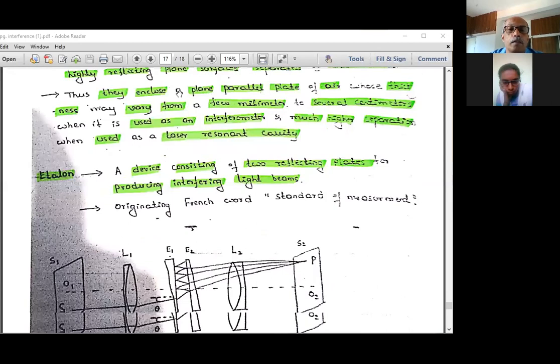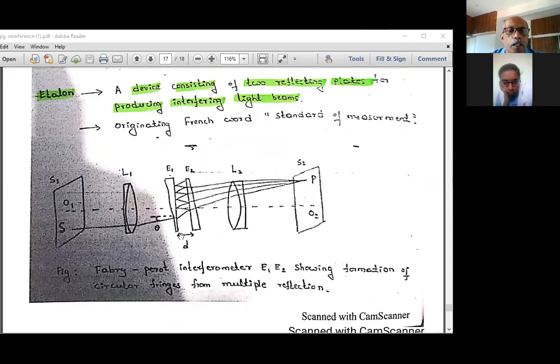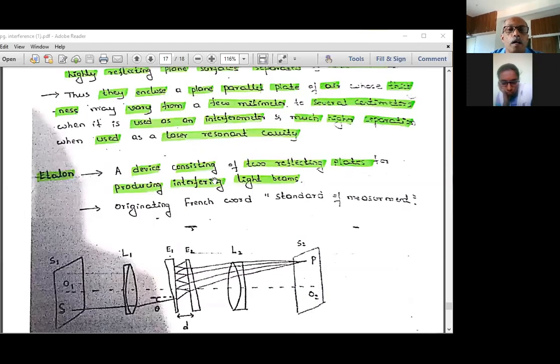These two glass plates enclose a plane parallel plate of air. There is an air medium between these two plates. There is a thin air medium between these two plates, which is almost of same thickness. And the thickness of air film between the glass plates will vary from few millimeter to several centimeters.